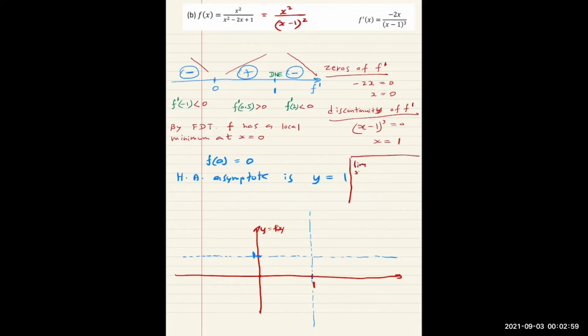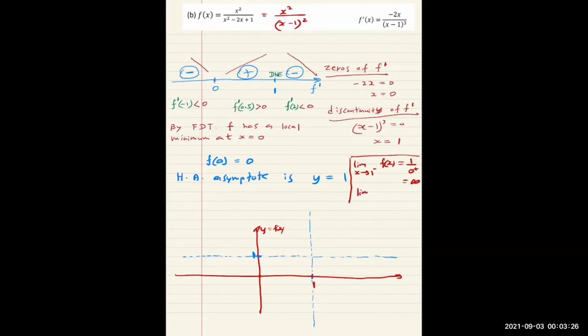Limit x approaches 1 from the left-hand side, f of x. That clearly takes the form 1 over 0 plus, because as x approaches 1, this becomes 1, and this approaches 0 from the positive side because of this square. It's always a positive quantity. So you take the form 1 over 0 plus. That means the answer is plus infinity.